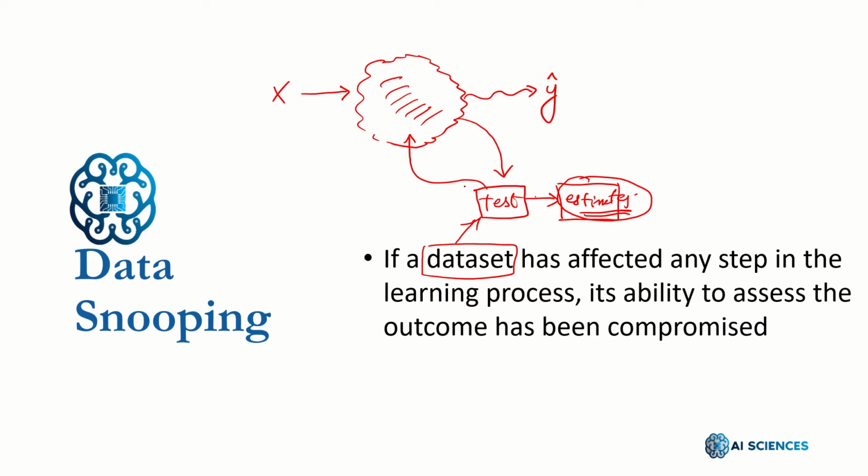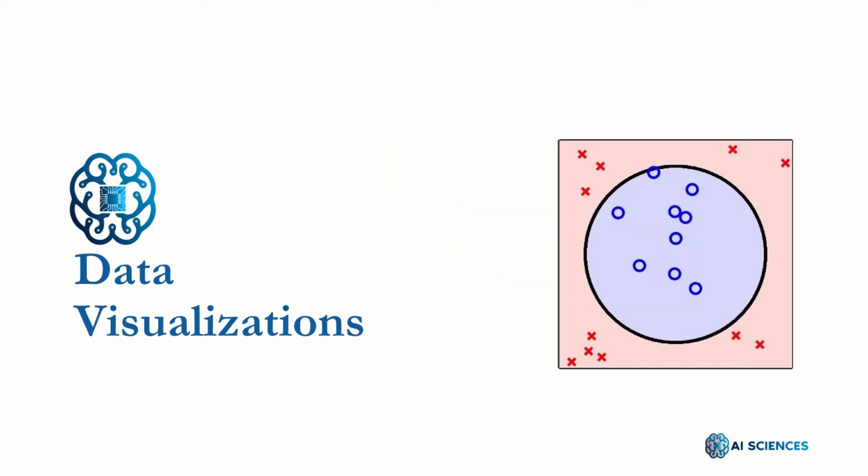It should be completely untouched data. If we use the test data that is supposed to give the performance measure in the training process, then this is known as data snooping. So if a data set, the test data, has affected any step in the learning process, then its ability to assess the outcome, the inferential estimates, has been compromised. They are not real.